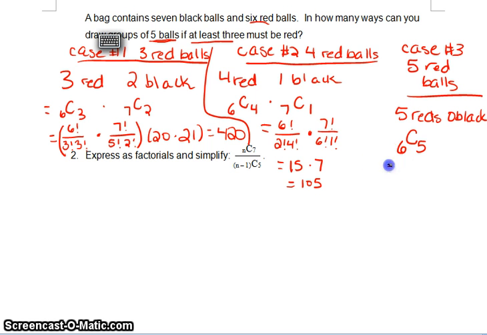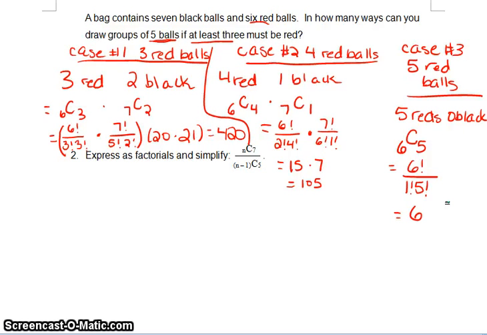Putting that into our formula, we have 6 factorial divided by 6 minus 5, which is 1 factorial, times r factorial, which is 5. The bottom here is 1 less than our numerator, so when you put that into your calculator, we should get 6. So there are 6 different ways to choose 5 red balls and 0 black balls.